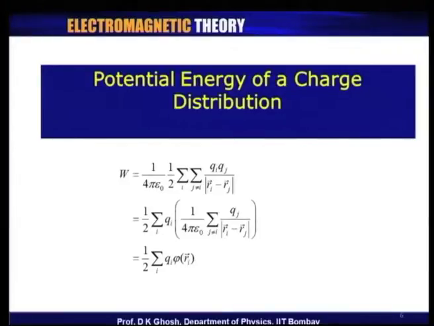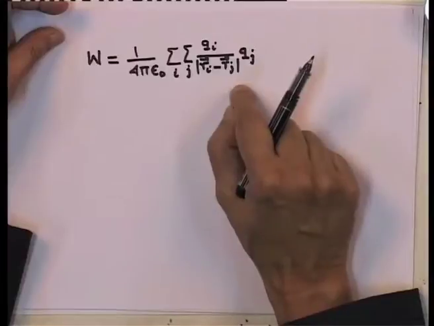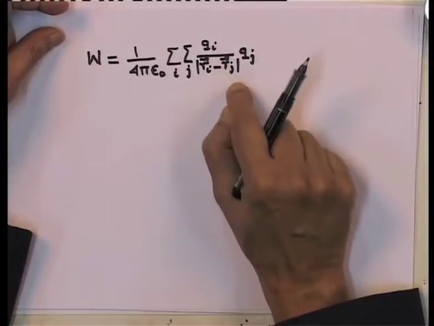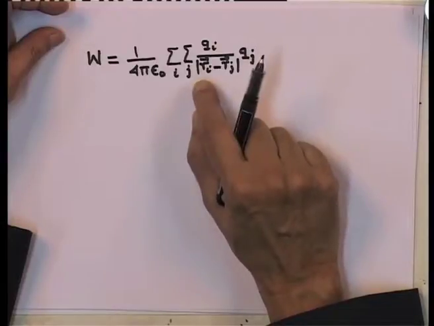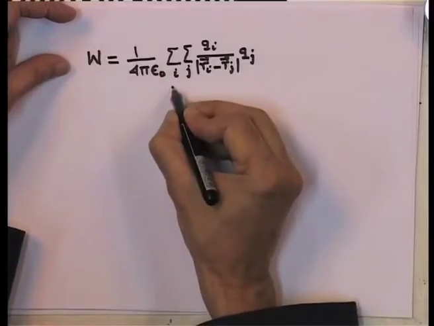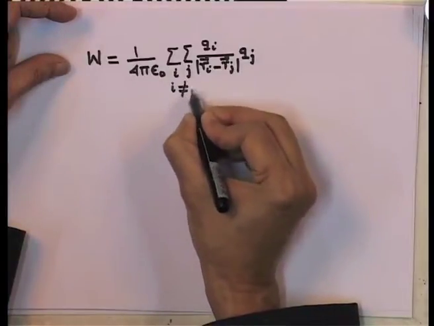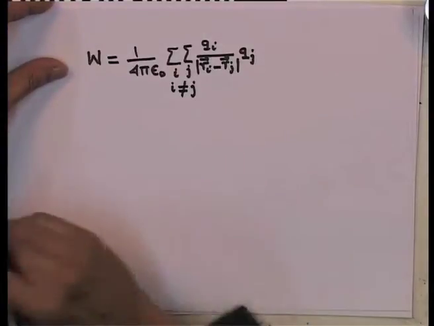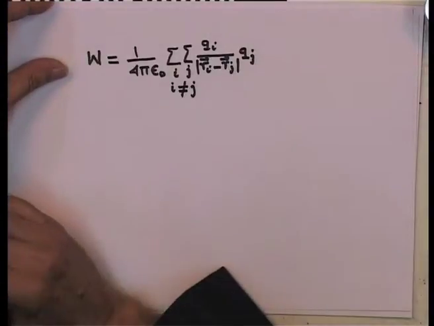But notice, in this sum there are some restrictions. The restriction is because Ri cannot be equal to Rj, because a particle does not exert a force on itself. So, let me write that i is not equal to j. There is another factor that I have to worry about.